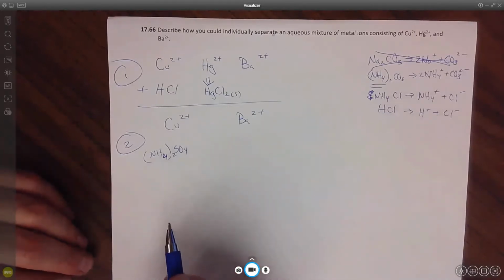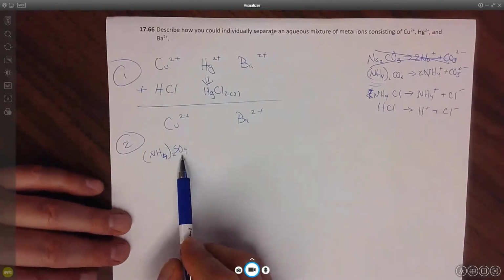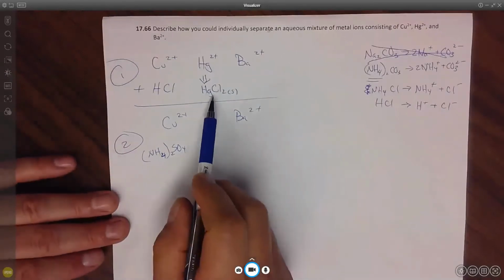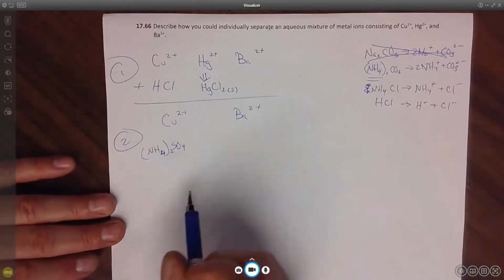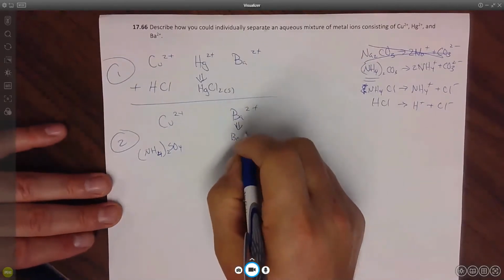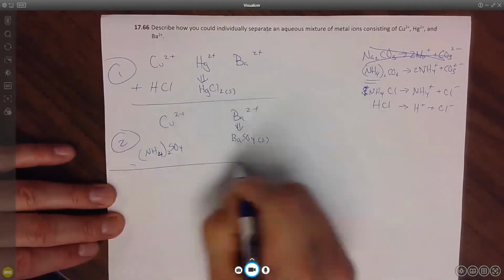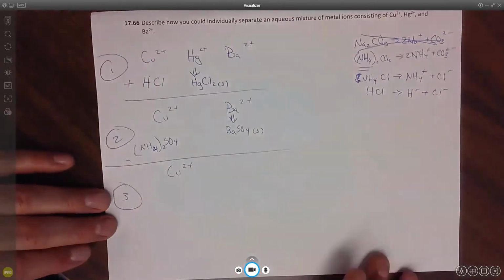Your Ba2+. Right. Again, rule number 4 tells us that most sulfates are generally soluble, with the exception of silver, mercury, and lead, which we already got rid of, and calcium, barium, and strontium. So this is going to precipitate out as barium sulfate, our solid. That would leave us with copper 2+. Now, how would I get it out of solution?